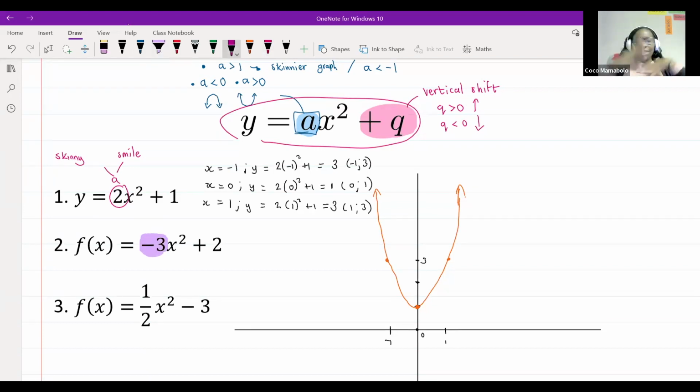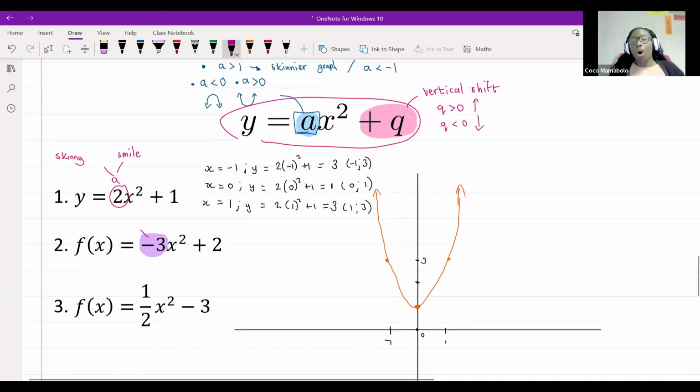What does this tell me? We know that because the value is greater or less than -1, is it going to be a skinny or a wide graph? Skinny or wide, guys? It's definitely not a half or a third or a quarter.